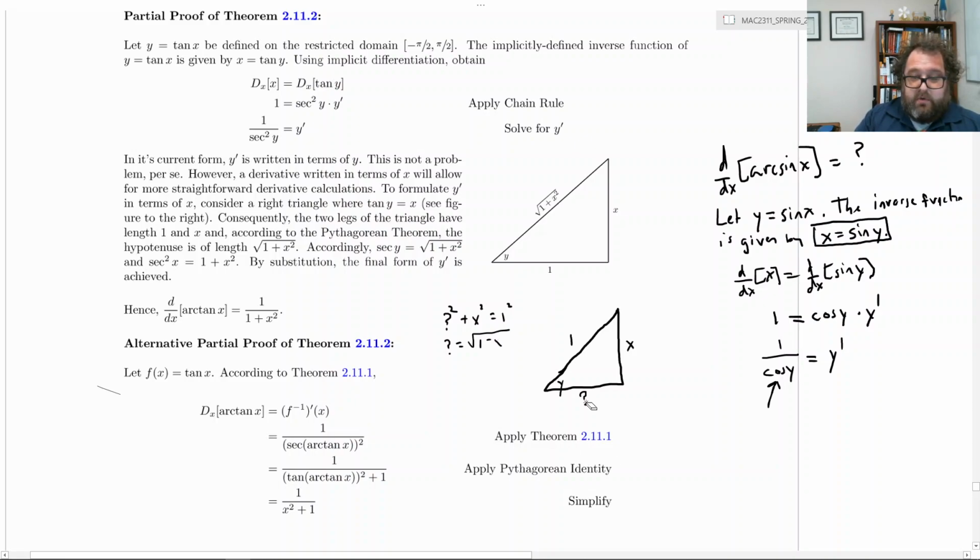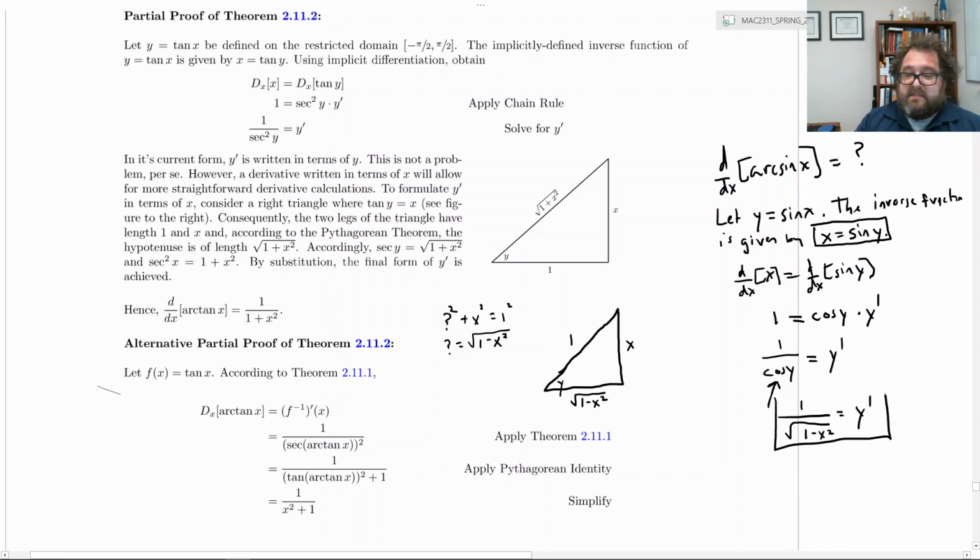So we go over here and replace that with what we know it is. Oh, and I erased too much. Square root of 1 minus x squared. Now what's cosine of y? Cosine is adjacent over hypotenuse. So we get 1 over square root of 1 minus x squared equals y prime.